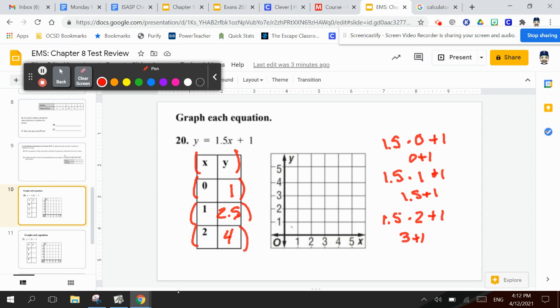So if x is 0, y is 1, and I put a point. If x is 1, y is 2.5. So I start at 0, I go over to 1, up to 2.5. And if x is 2, I go up 4. So I start at 0, I go over to 2, and up to 4.